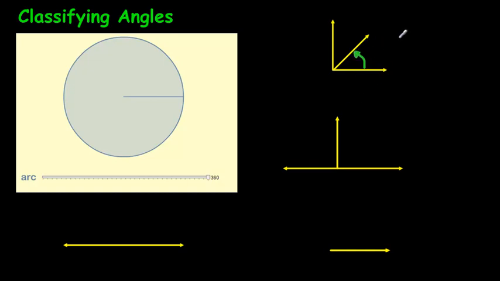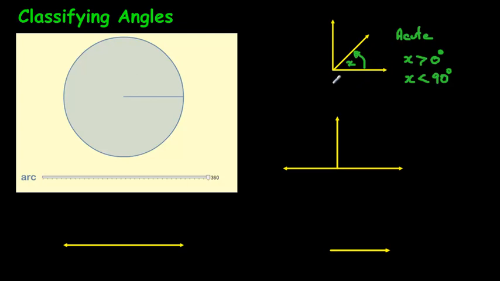An acute angle is an angle, and let's say we'll call this angle X. X is bigger than 0 degrees, and X is also less than 90 degrees. So there's your acute angle.